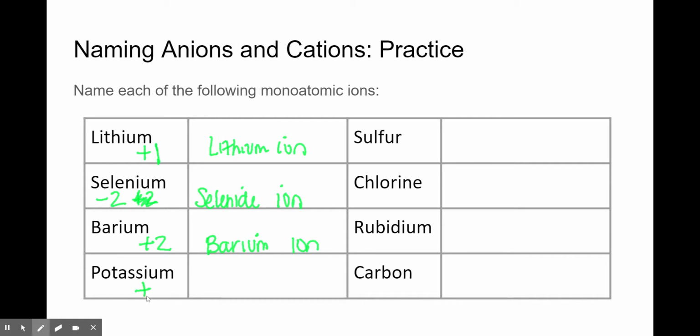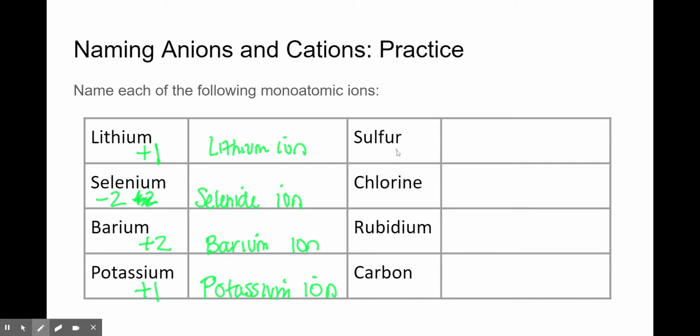It's going to be +1, so it's going to be potassium ion. Go ahead and stop the video. Make sure you can understand how to do the next 4. I'm still going to go through the answers. So if you need to, stop and check yourself. Make sure you can do these.